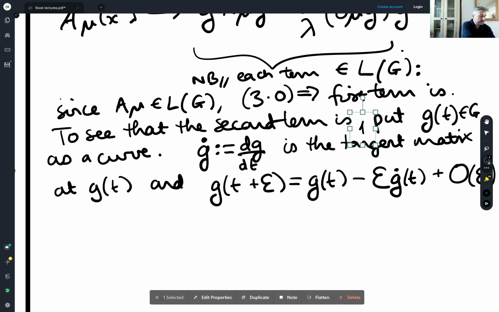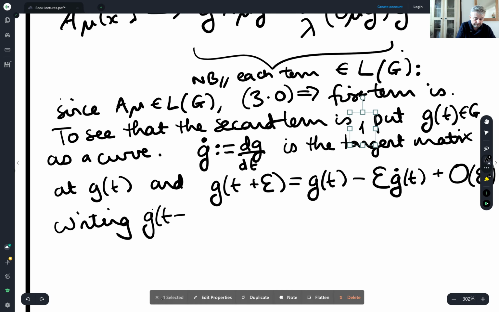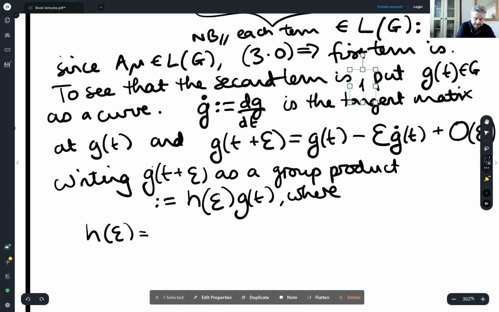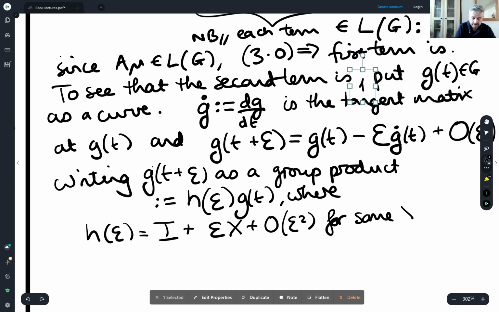Okay, let's write this thing as some product in G. So writing G of t plus epsilon as a group product, we set it equal to some h of epsilon times g of t, where h of epsilon is the identity matrix plus epsilon x plus order epsilon squared, for some x of t in the Lie algebra.